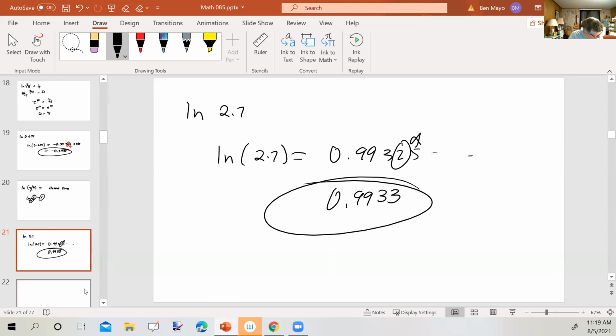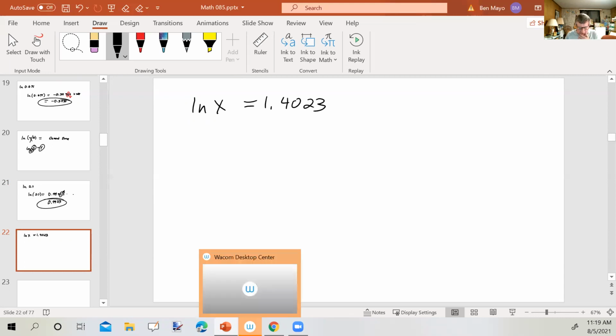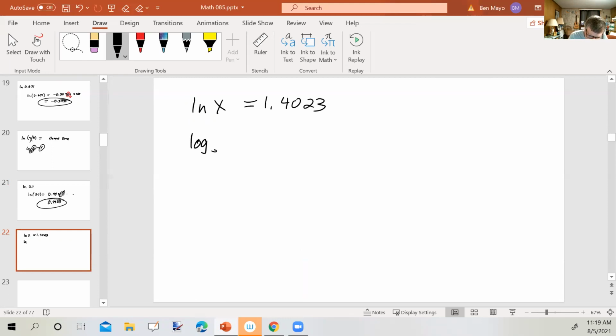Now it says solve each equation. Express all answers to 4 decimal places. So I have the natural log of x equals 1.4023. And I need to solve for x. How am I going to do that? Well, natural log of x is like log base e of x. So log base e of x equals 1.4023. This is a logarithmic equation.